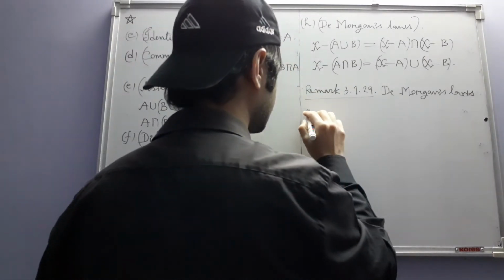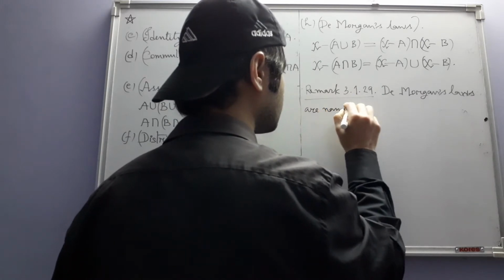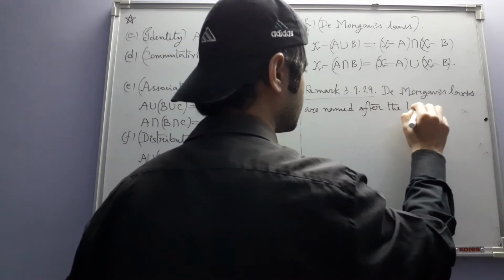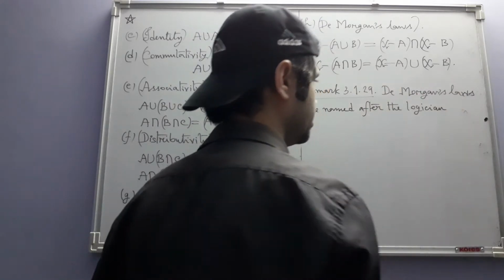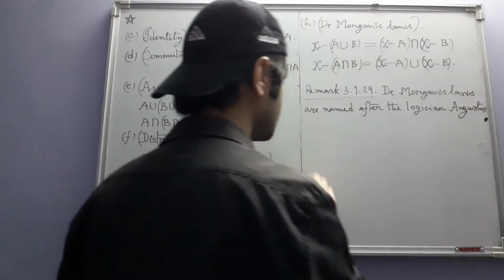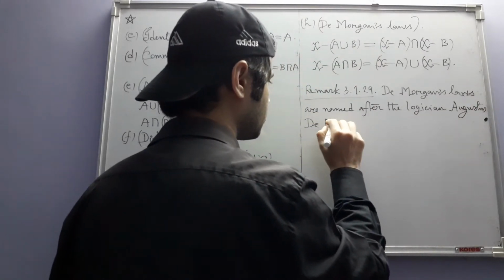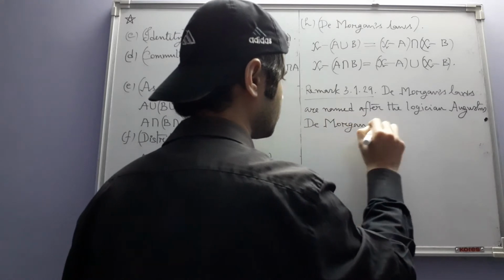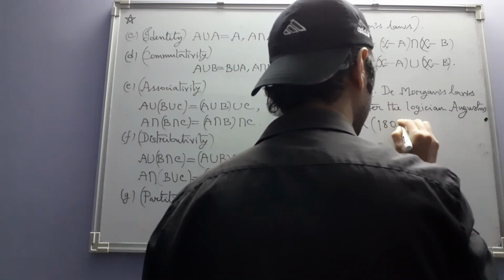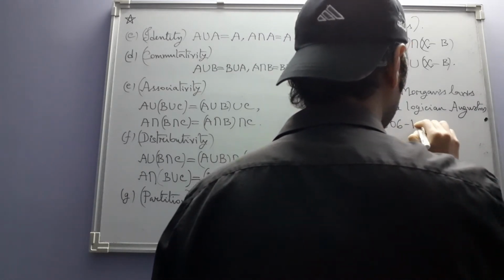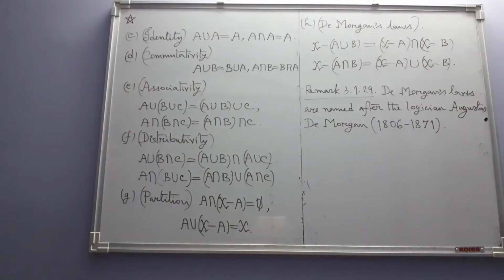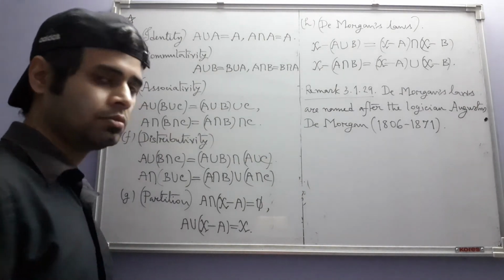De Morgan's laws are named after the logician Augustus De Morgan, and the time period in which he lived is this, up to 1871. Okay, Augustus De Morgan. He was a logician who proposed these laws.